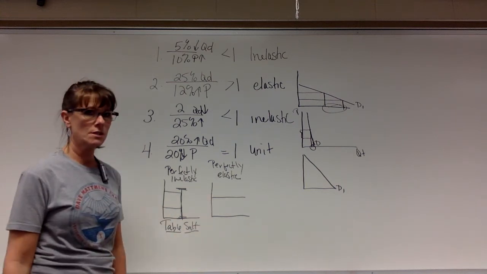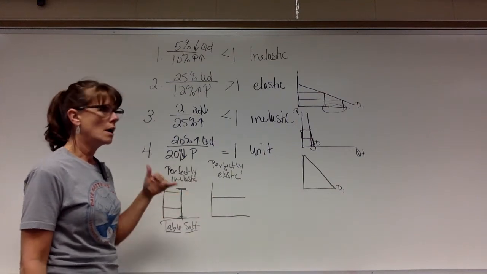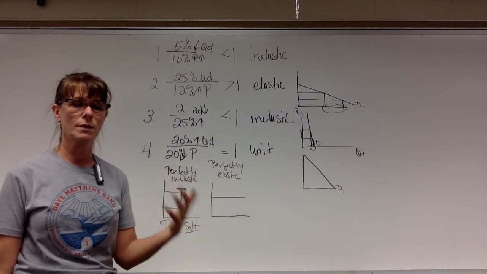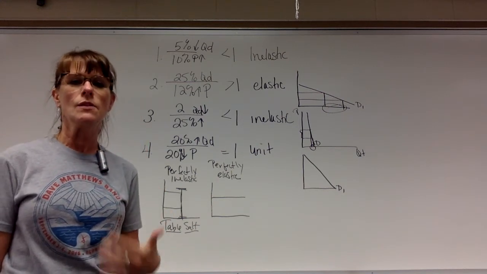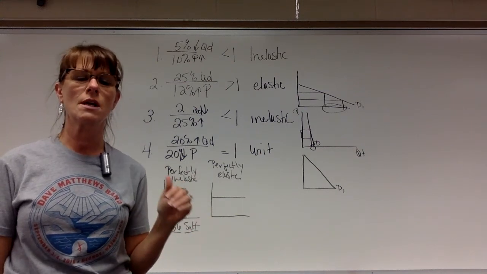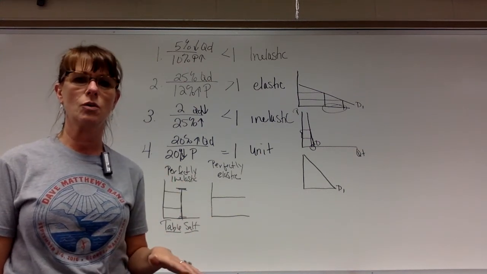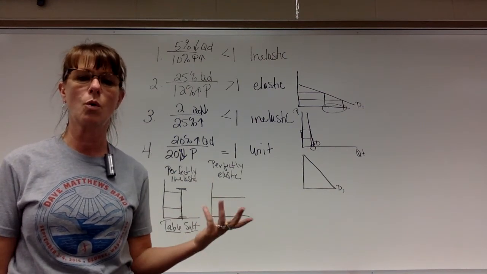This one over here is said to be perfectly elastic. What we're seeing here are things that we hopefully will get to later on in the semester, things that are called commodities. This is a product that there are hundreds and hundreds of sellers of an identical product. And we know right up the street there in Treaty, we have that big pile of corn.